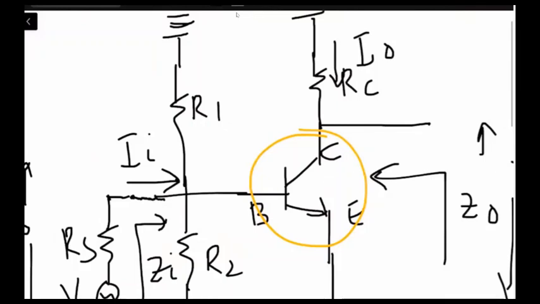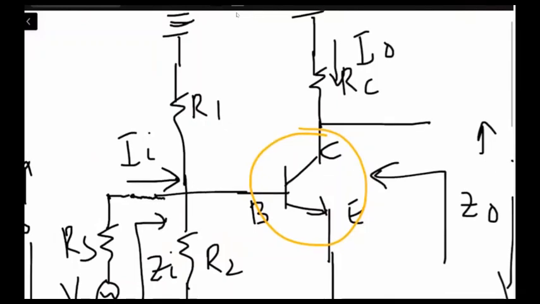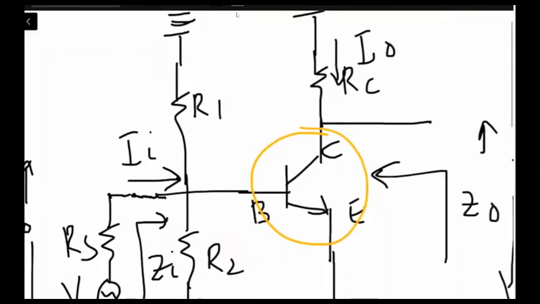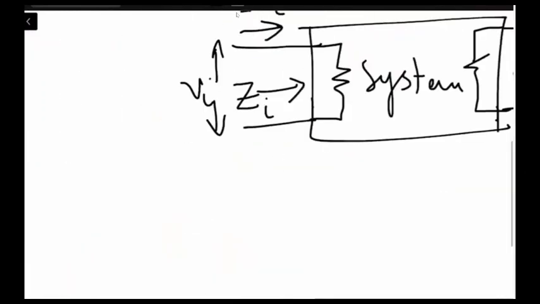Okay, similarly, this is the circuit which we have now. We can summarize or simplify this circuit, and let's see how. In the middle we have a transistor, so we have the base, the emitter, and the collector.